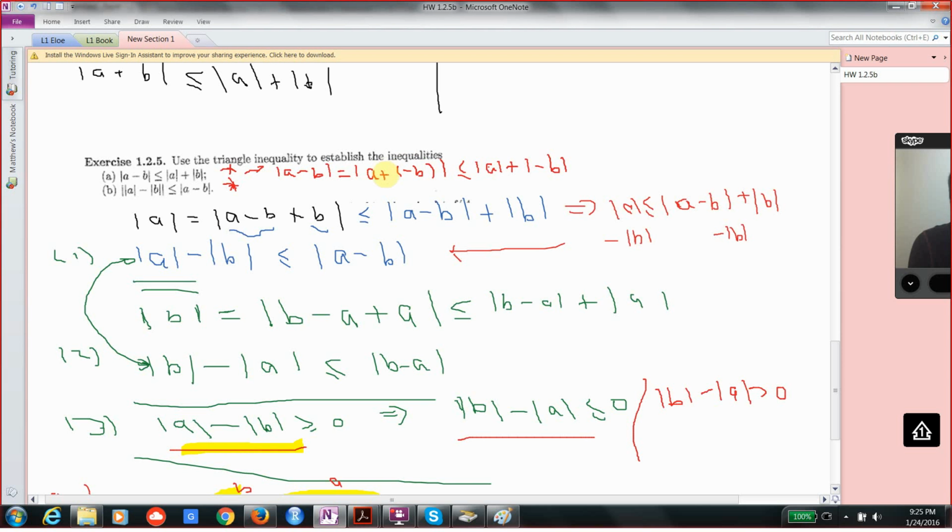So these two things are being added, right? Yes. Okay, now what's the absolute value of negative b? It's the same as the absolute value of b, right? Because the absolute value of a positive and negative are the same number. So this is just one nice line. See how easy? Piece of cake. Alrighty? Okay, good.